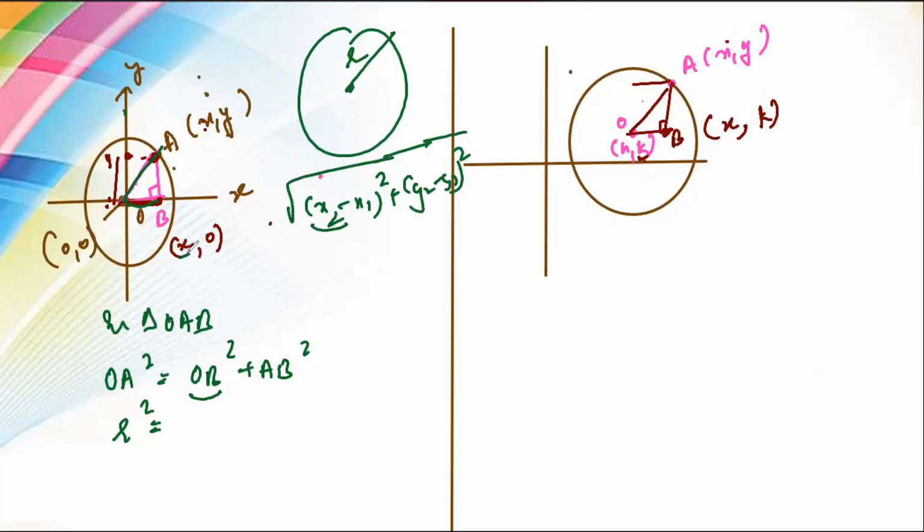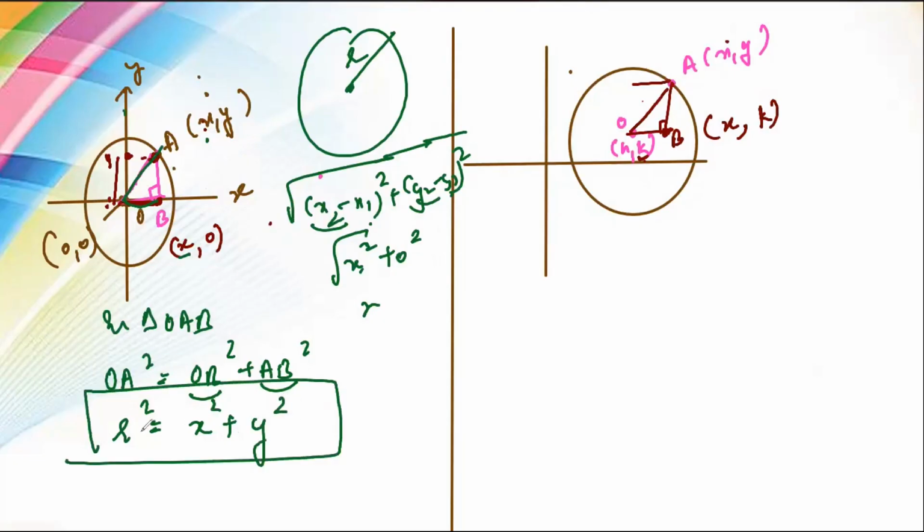So x2 is x, and x1 is 0. So x minus 0 is x. So it is x square, plus y2 is 0 and y1 is also 0, so nothing there. So the square root of x square is x only. Similarly, for AB, I have x2 minus x1, which is x minus x, and y minus 0 is y, so I'm taking y square, right? So this is my equation of a circle whose center is at the origin.